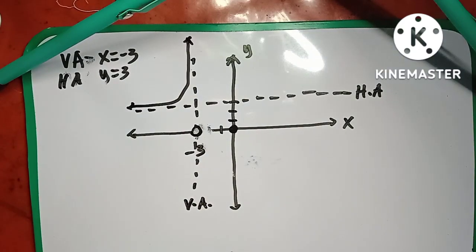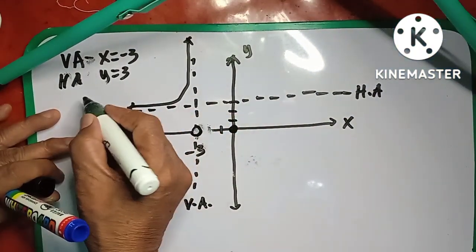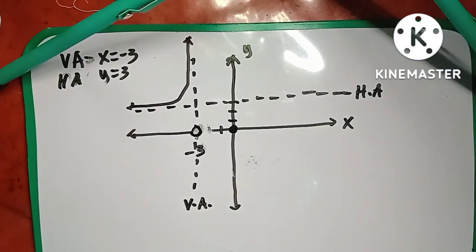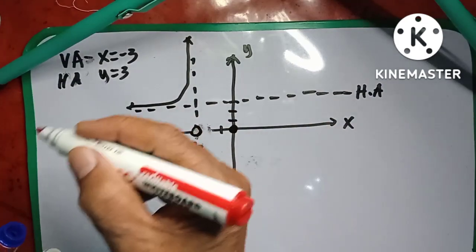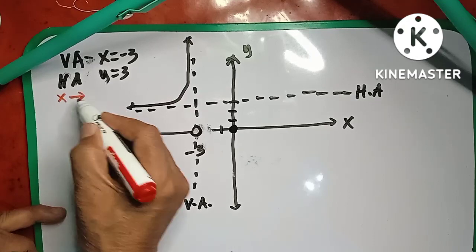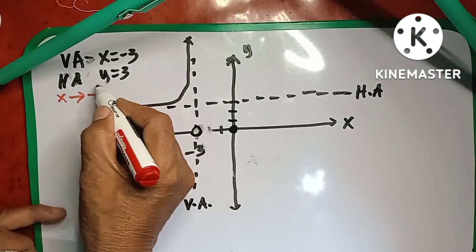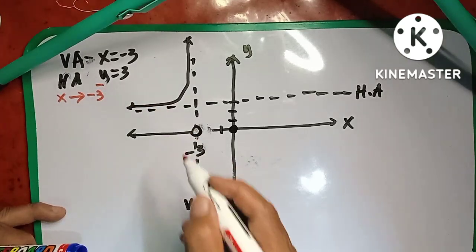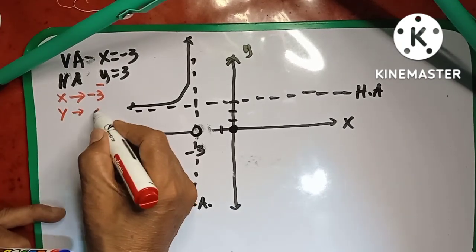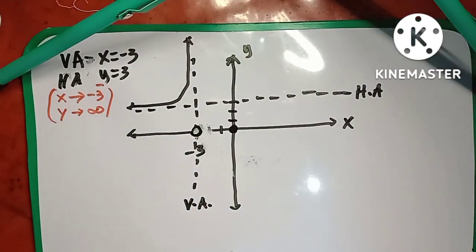And this is the behavior of the graph here: as x approaches negative 3 from the left, then y increases without bound.